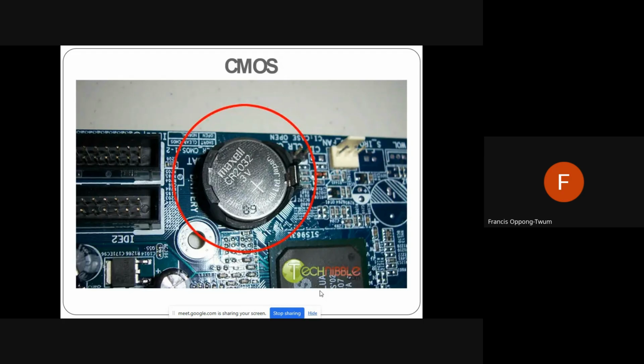But for the newer ones, they can handle up to 16, 32 pen drive sizes. The older system will tell you it's unable to boot from the pen drive, but your pen drive will be working all right.